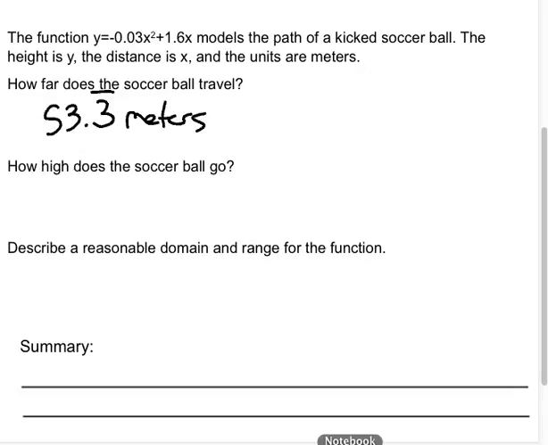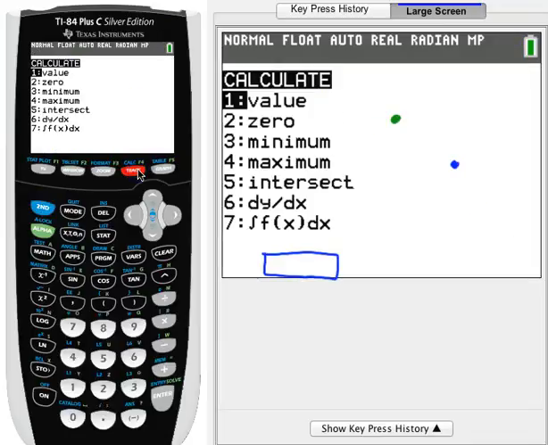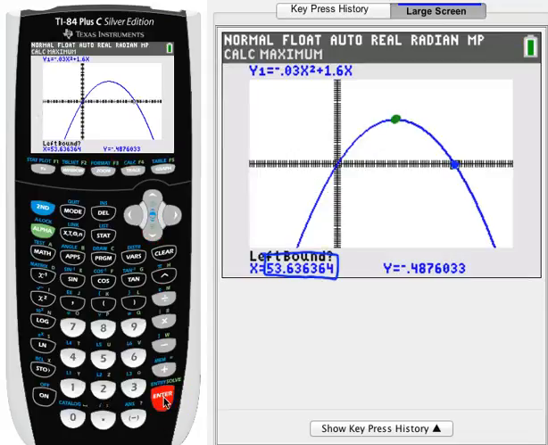What about how high? Okay, well, how high? It got up to here. Okay, that's its highest point, up there. So I can do a calculation, and to find how high, now I'm finding the maximum. So again, it wants me to be to the left of this maximum.